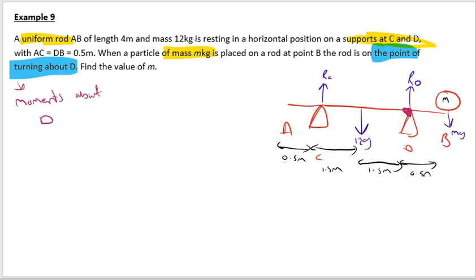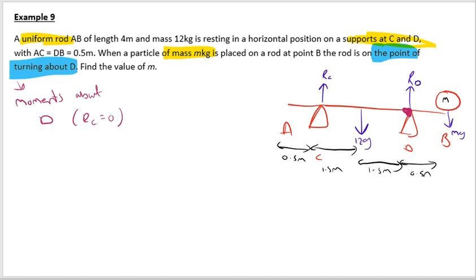First of all, this reaction force is not going to act because it's happening at that point. It's tilting around there. But if it's about to tilt around this point, it's not going to be in contact with that support either. So at that point, RC would equal 0, and RD is not going to be relevant because we're taking moments around that point.